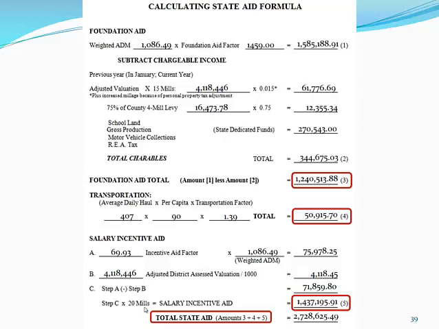But that's what weighted ADM is. And as far as school finance goes, the weighted ADM is the piece that translates all the needs of a school into students. Okay? So hopefully that's as clear as a nice mountain spring on how we figure state aid for Oklahoma.